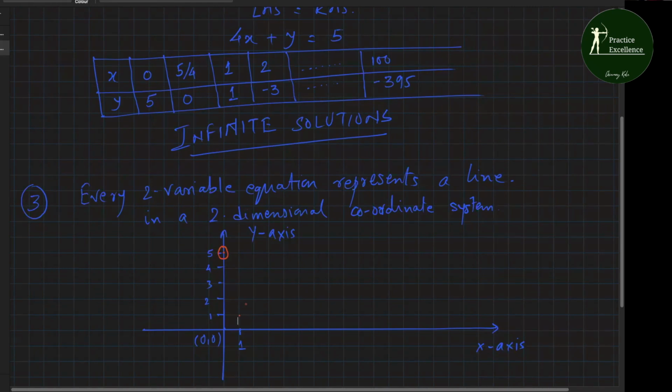Now let us join these 2 points. And when I join these 2 points, the line that I get is basically, okay, 1 second. I didn't join it properly, so I'm going to draw it again.